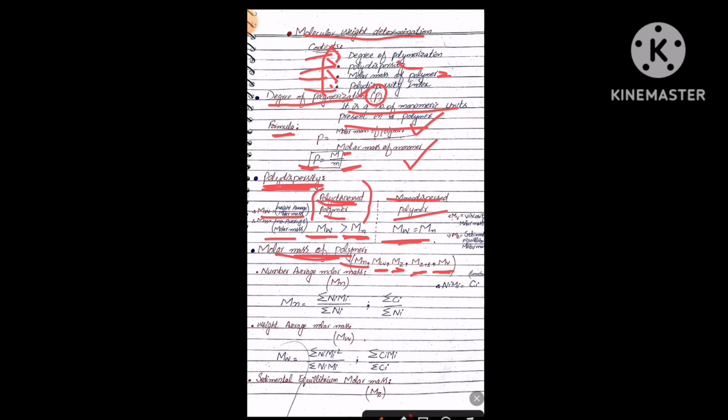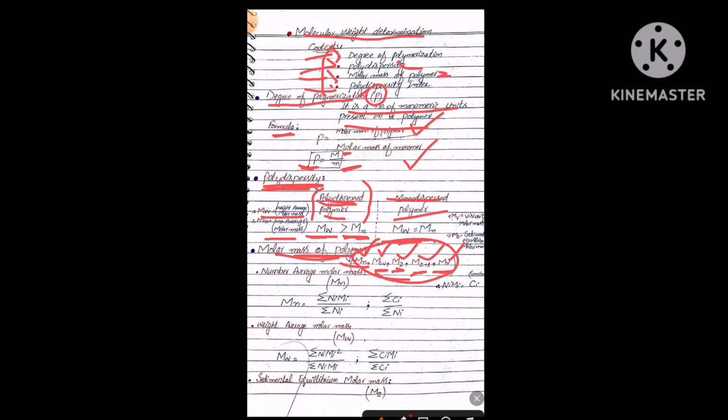We can measure the molar mass of a polymer in these units. Each term has its own separate formula for the molar mass determination.